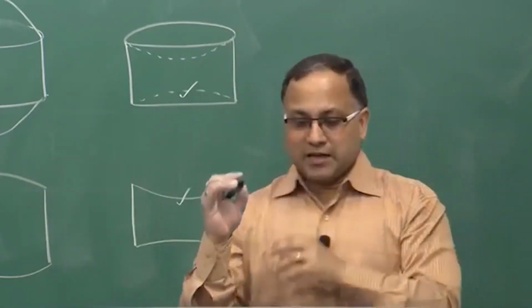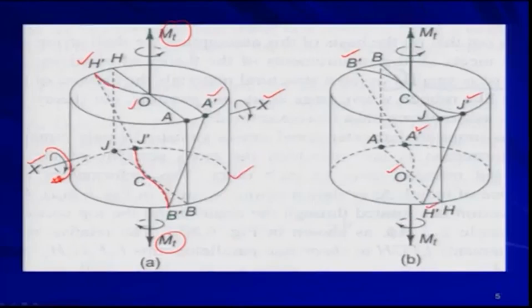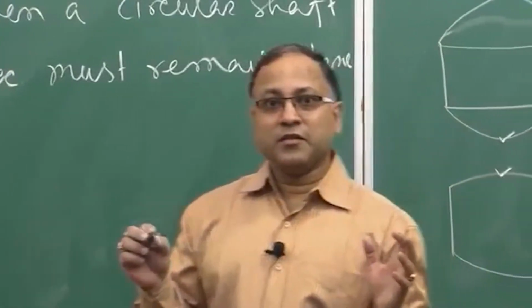But by making that, what do I get? Before rotation you have this kind of deformed line on the top surface, but after rotation you get this kind of deformed line on the top surface, they are not matching at all, right.